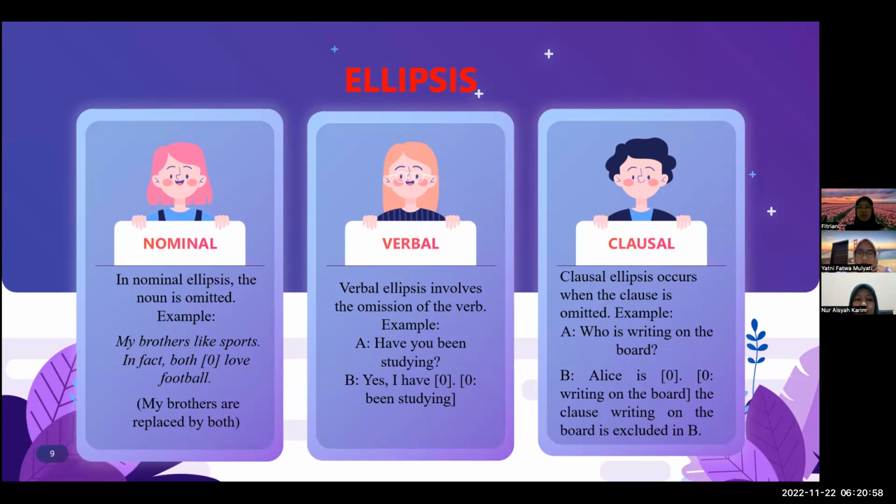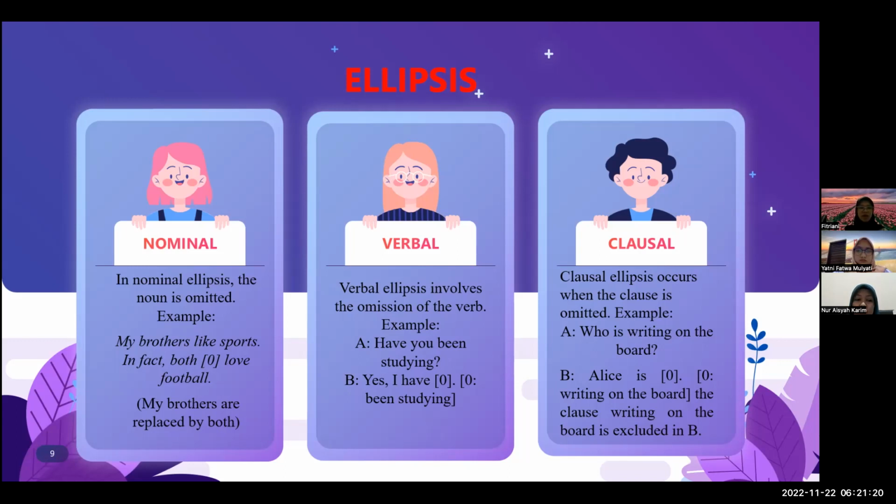The first one is nominal, verbal, and clausal. It's all the same as the substitutions. Well, in the first definition, nominal ellipsis, the noun is omitted, right? So the example, my brother likes sport. In fact, both love football.